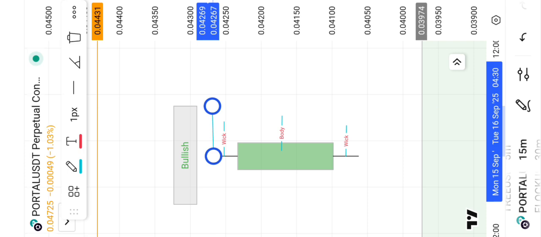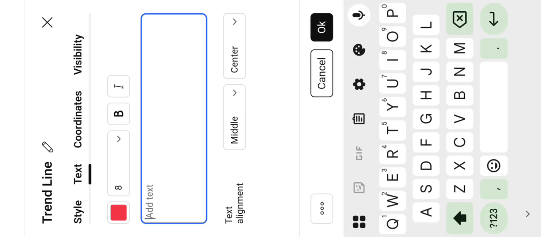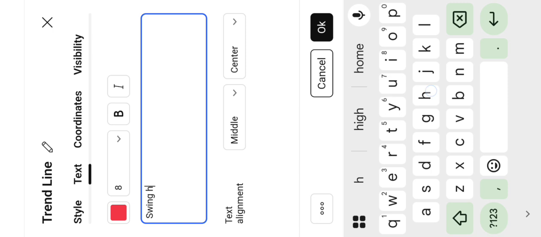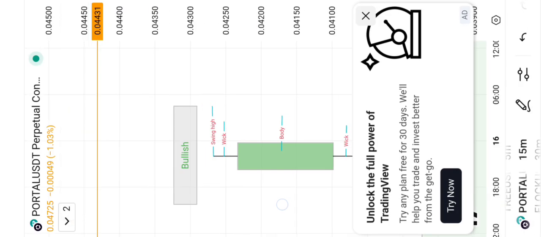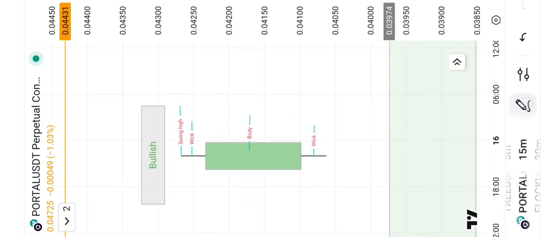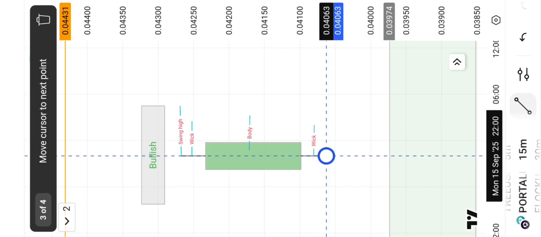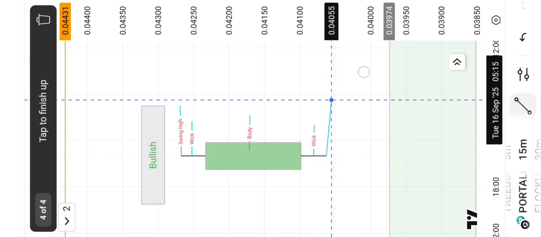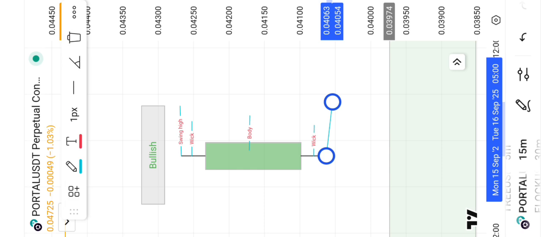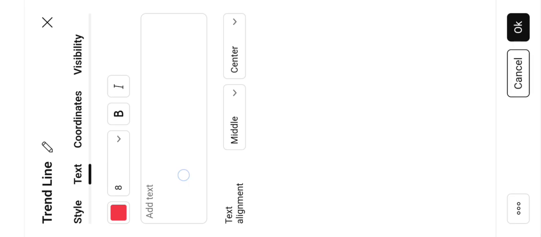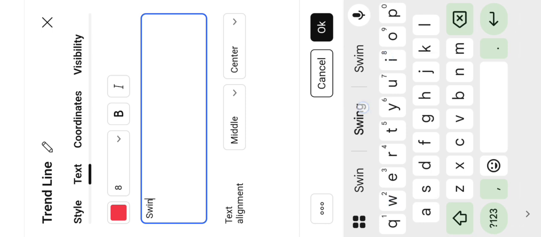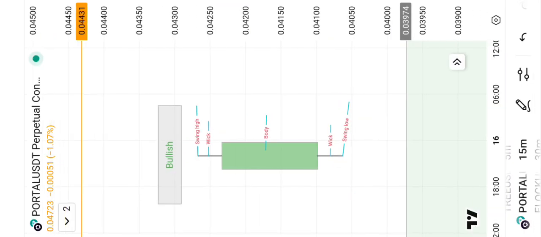I call it swing high or upper shadow, but I prefer to call it the swing high of the candle, the highest point. Then the lowest point of the wick is what we call the swing low.